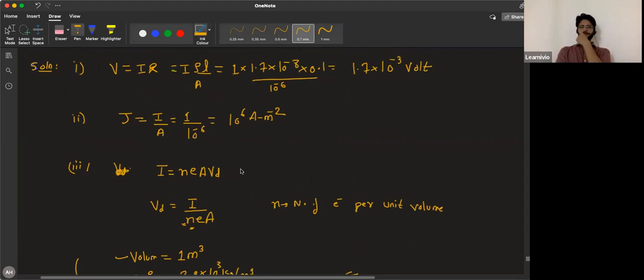Next, we'll do temperature dependence of resistance and resistivity. Ishma, is there any issue with your network?